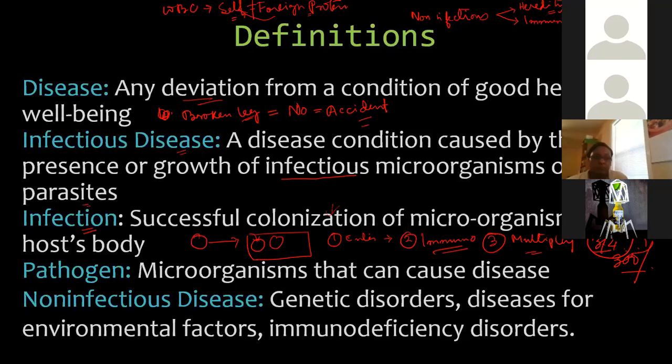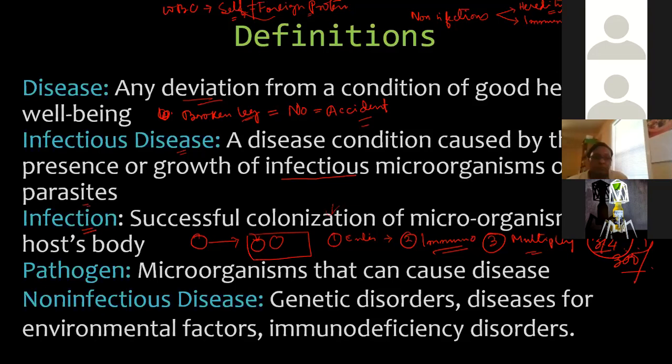So that's dysfunctional work of the immune system. You can also have acquired immunodeficiency disease, like let's say AIDS, HIV. For AIDS, it started with HIV.